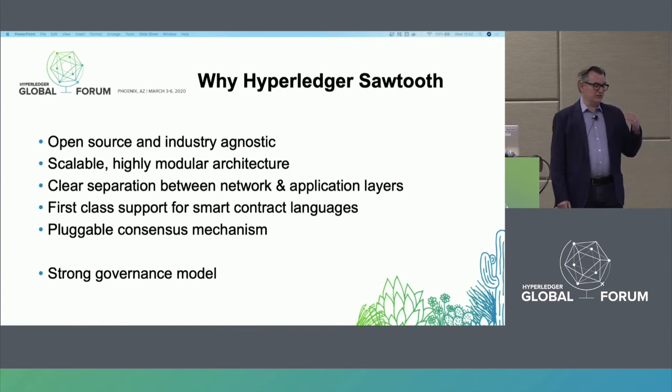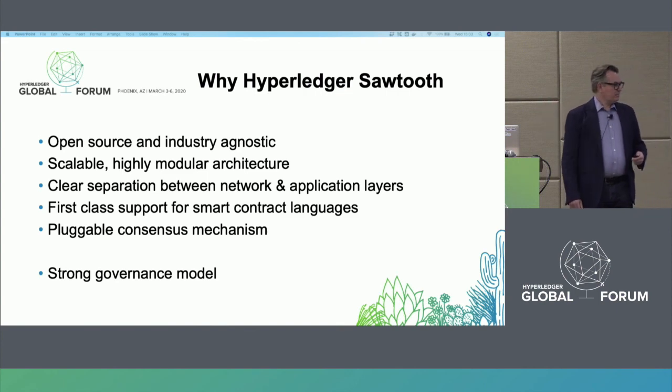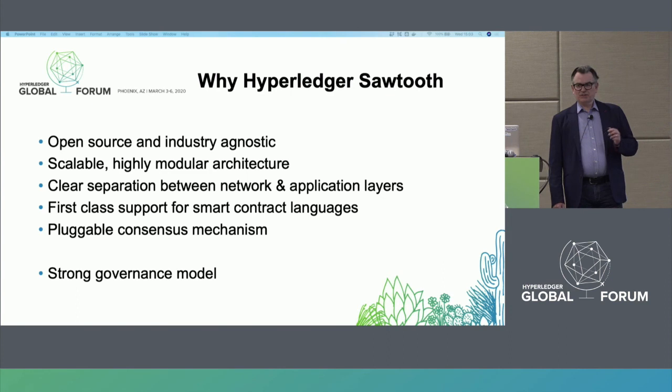But one of the really interesting things about Sawtooth is the architecture, and it reflects its origins in that this came out of Intel and the Intel philosophy of keeping things lean and mean, versus the IBM philosophy of let's have a job for life and let's make sure that consultants, including our own, make a ton of money implementing this incredibly complex piece of software. So you can see coming at things from a very different point of view. That was somewhat tongue-in-cheek, but there is a grain of truth to it.